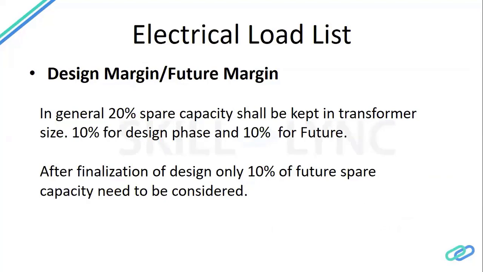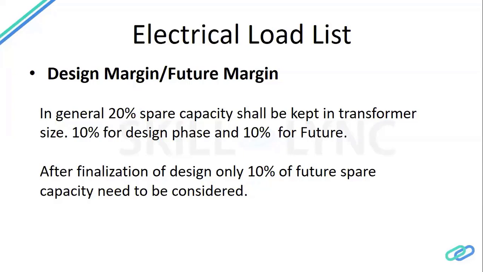Next is the design margin and future margin. When we start preparing the load list, we consider some 10% design margin, because we know that during the preparation, during the engineering, some loads may change, some calculations may change. So we need to keep a cushion for this change. So generally we consider a 10% design margin. And the future margin: obviously the plant we are building, the system we are sizing, may increase after some time.